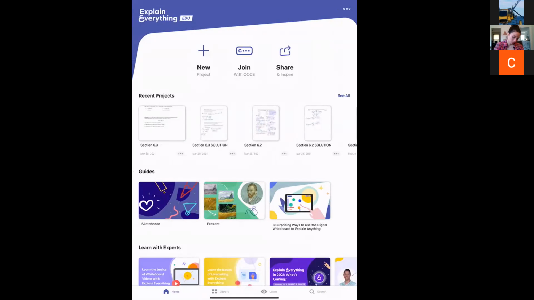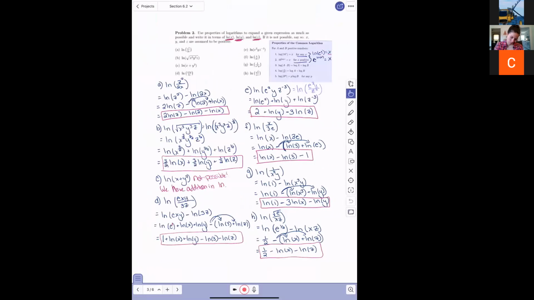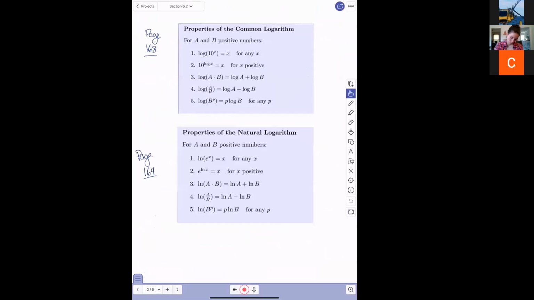Would it be the property where you multiply the exponent, so it'd be the 5th property? Kind of, yeah, to get that k out of the exponent, we're really going to use the 5th property, but we also want to get rid of that e.